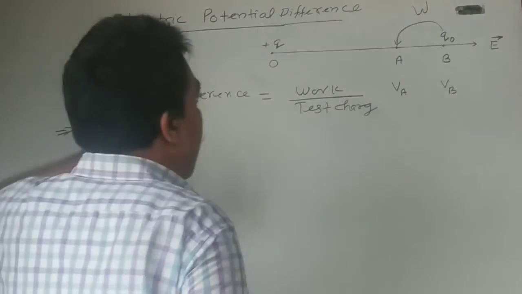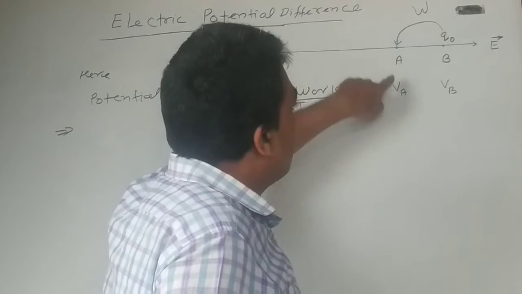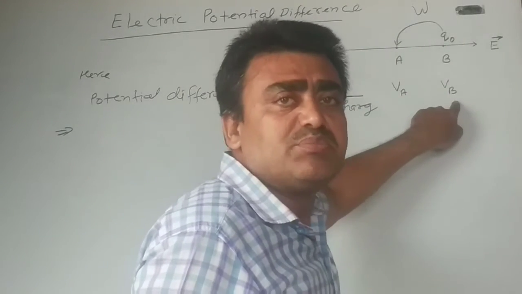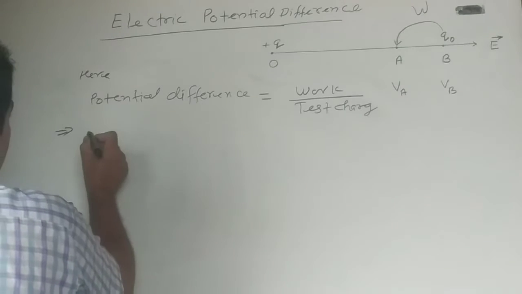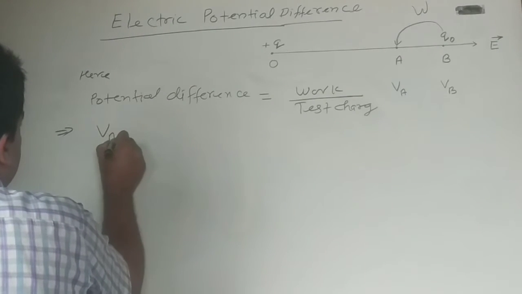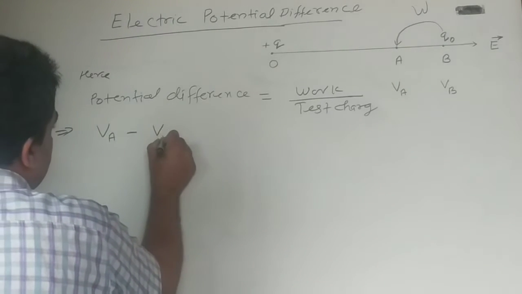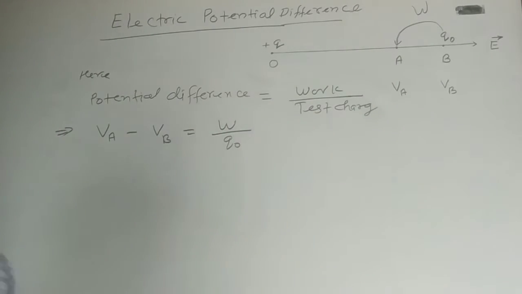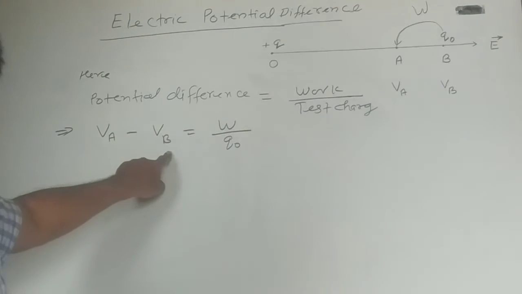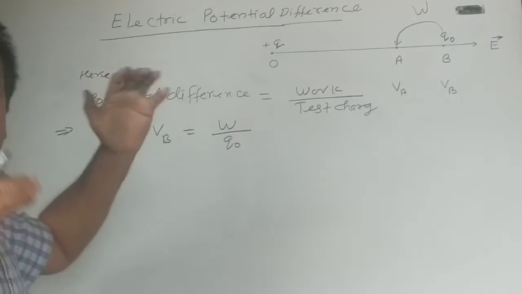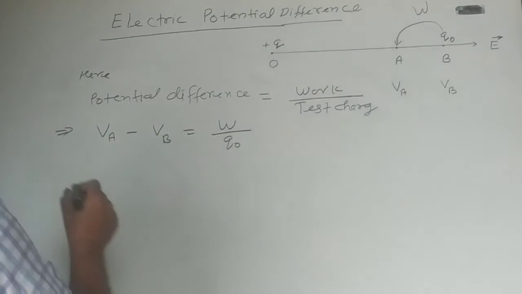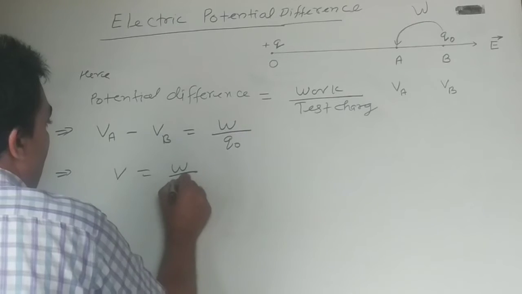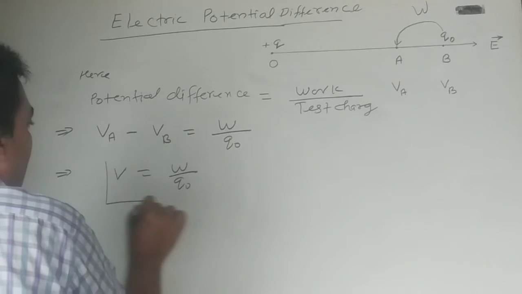Here at point A, potential is VA, at point B, potential is VB. Therefore, potential difference VA minus VB is equal to W upon Q naught. If VA minus VB is equal to V, then V is equal to W upon Q naught.